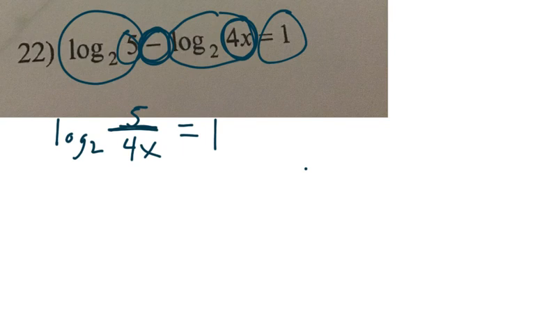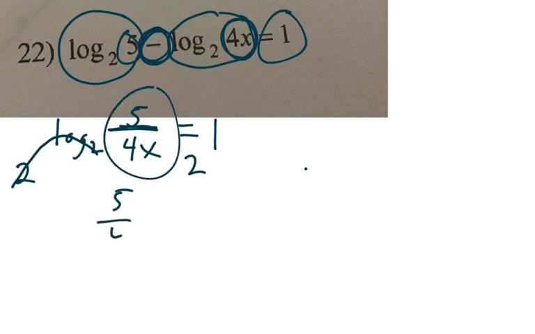So now that we have it condensed, let's do a 2 power on each side. The 2 power gets rid of log 2, and I'm left with 5 over 4x equal to 2. 2 to the 1 is 2. Okay, let's put a 1.